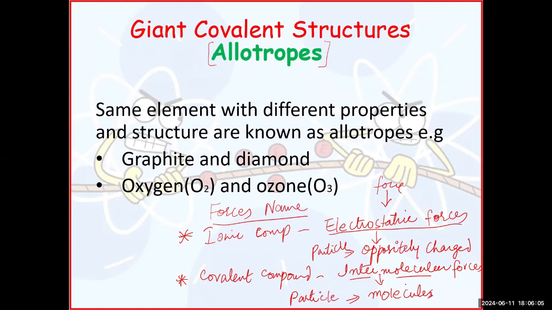So the forces are existing between molecules. The word molecule will never be used for ionic compounds. Ionic compounds have oppositely charged ions, they do not have molecules. Molecules are only there in covalent compounds.